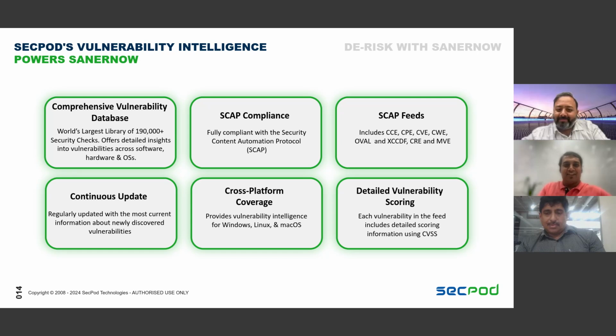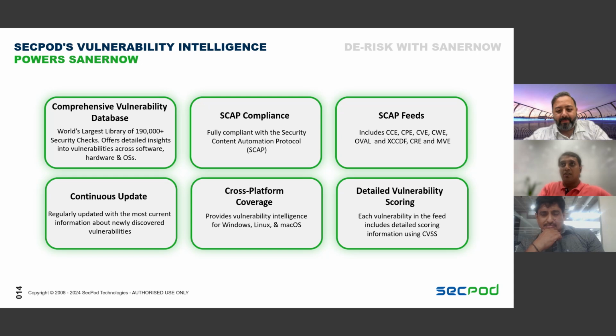Every day, this threat intelligence is not static. Our threat intelligence team, or security intelligence team, works day and night to cover these vulnerabilities. SanerNow continuously gets updates with this intelligence, making it smarter every day.